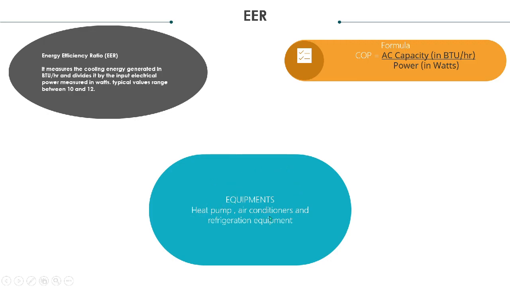Well, we have heat pumps, air conditioners and refrigeration equipment which are using this EER rating. COP and EER are the ratings traditionally used in the HVAC industry. Since the industry is evolving, we have some other ratings as well, which we are going to see now.